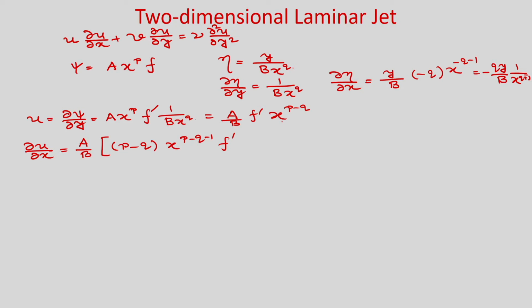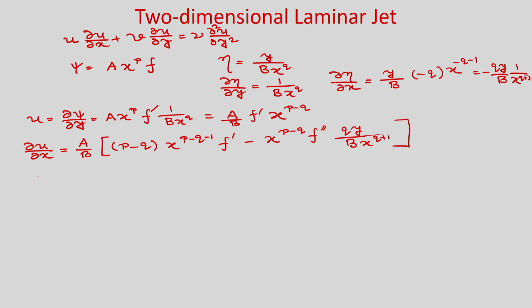Then we can have minus x to the power p minus q f double prime, then del eta by del x. So, del eta by del x is minus q y by b, 1 by x to the power q plus 1. So, that is why we have written minus sign here. Then we can write q y by b x to the power q plus 1. Okay.